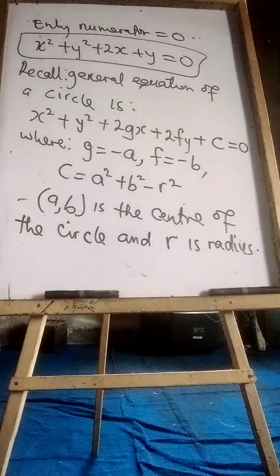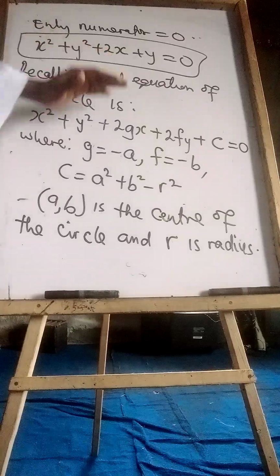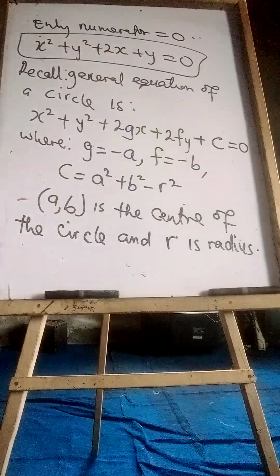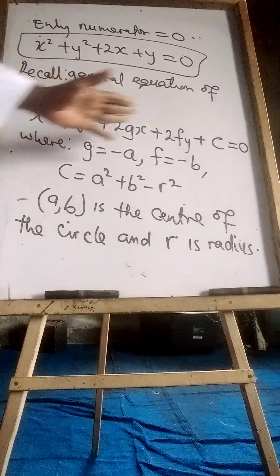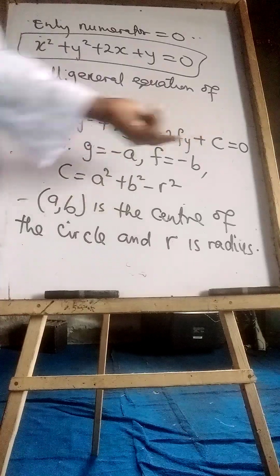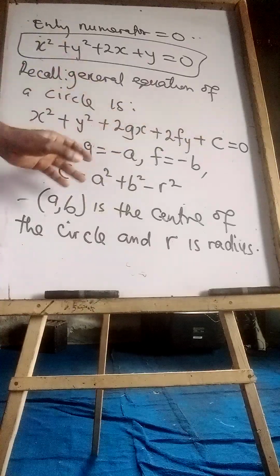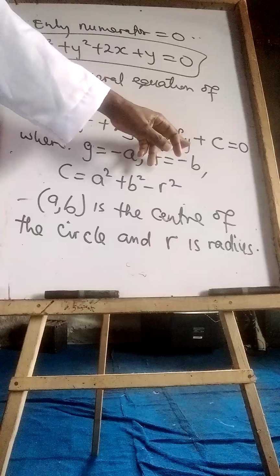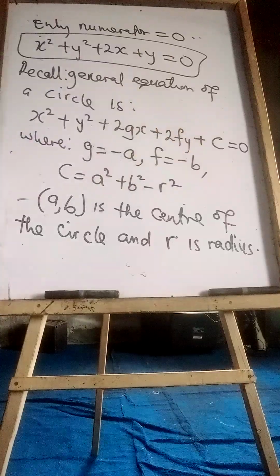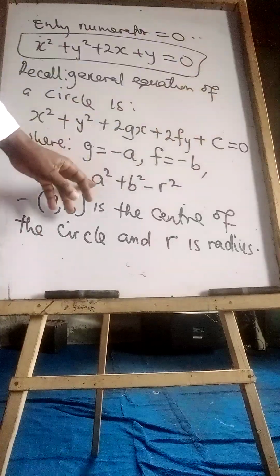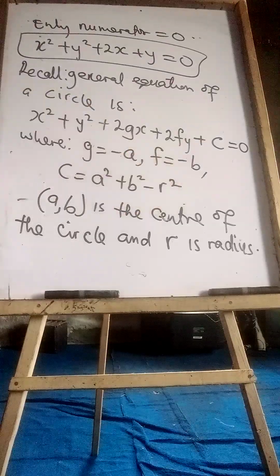Now, the information written on the board is just an extract from the topic called circle. The general equation of a circle is this. g represents negative a, f stands for negative b, c equals a squared plus b squared minus r squared.